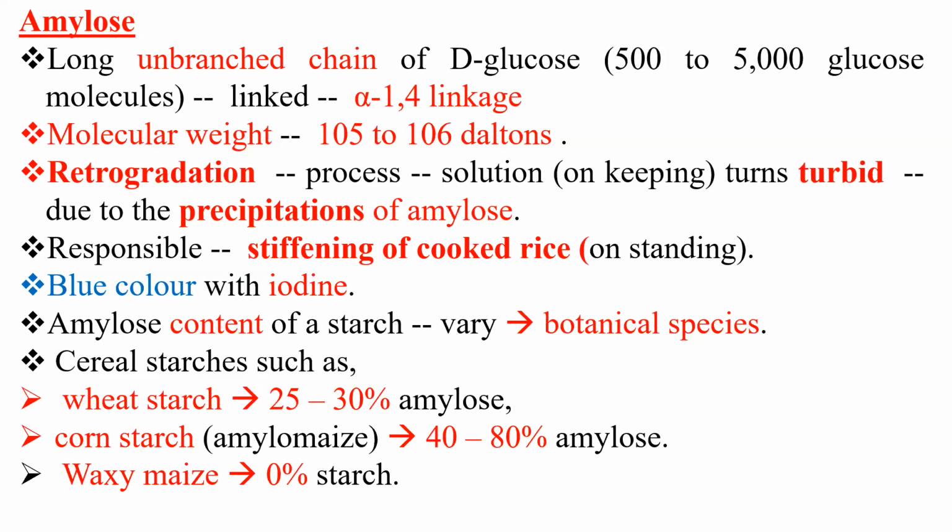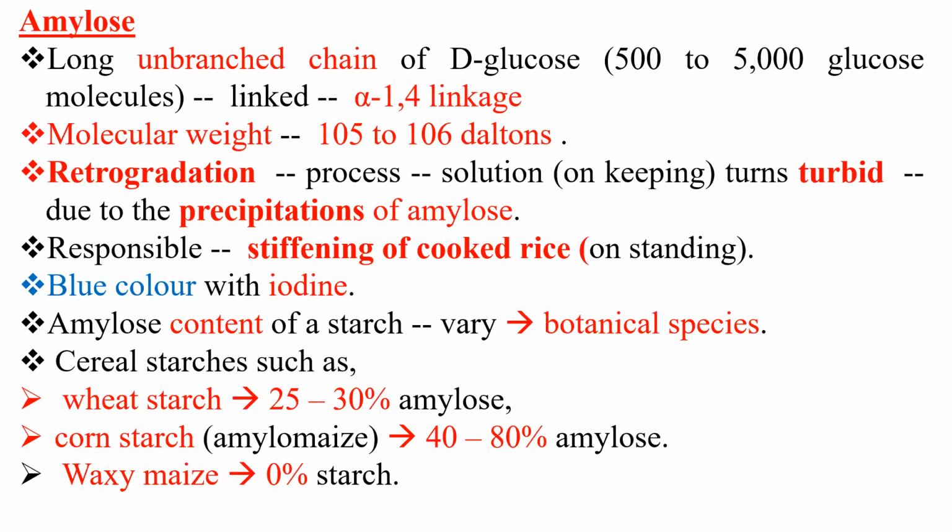Amylose content of a starch varies depending upon the botanical species of that particular starch. Cereal starches such as wheat starch contain 25 to 30% of amylose, whereas corn starch, also known as amylomaize, contains 40 to 80% of amylose.